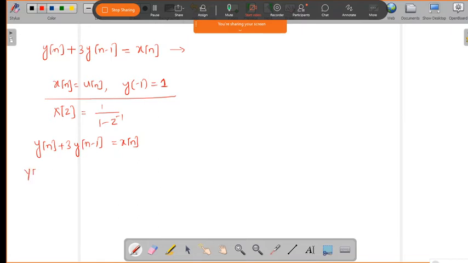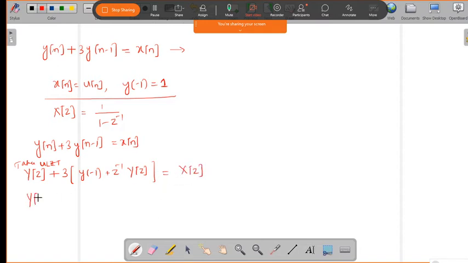So unilateral z transform: Y(z) plus 3 into [y(minus 1) plus z inverse into Y(z)]. Okay, so this is nothing but X(z).